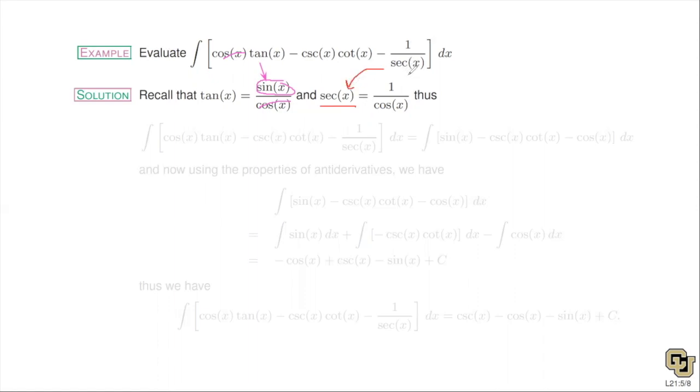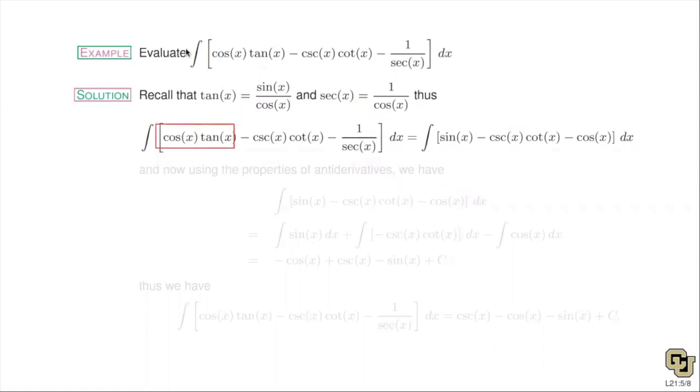So 1 over secant will be 1 over 1 over cosine, or just cosine. After simplifying the first and the last term, we're looking for the antiderivative of sine of x, minus cosecant cotangent. I just copied that down because I know the antiderivative of that already. And then I have minus 1 over secant, which I simplified to a cosine.